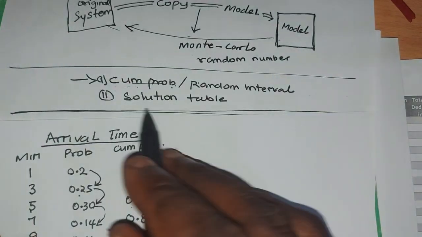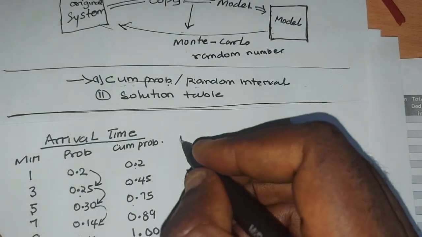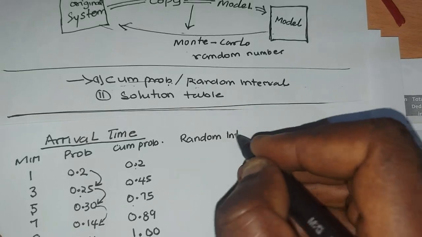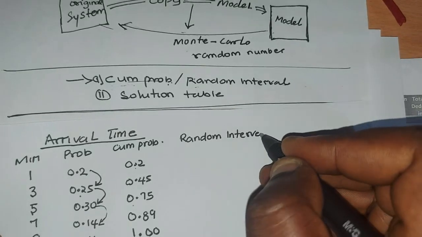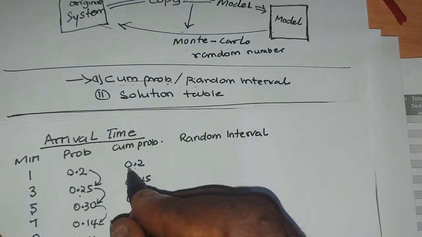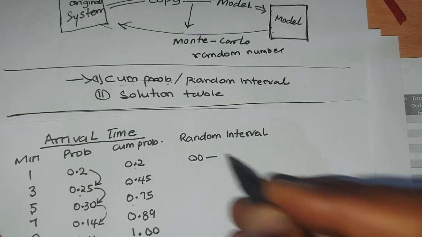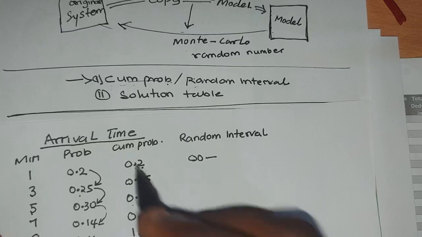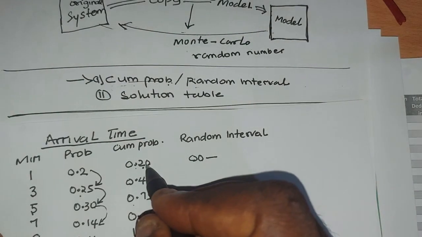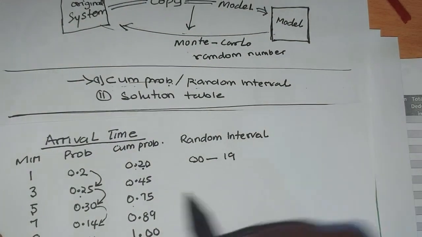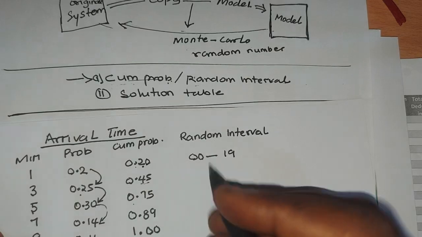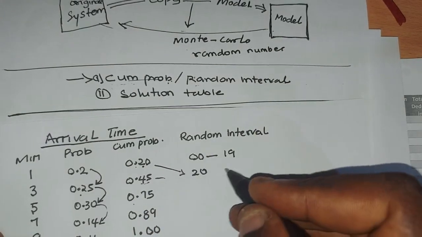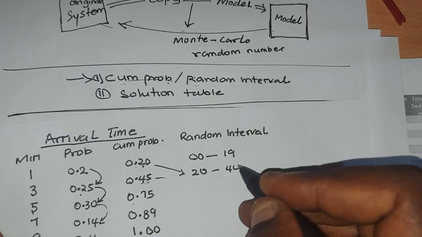Then the next thing is the random interval. Like I told you, you start from 0 to the number before 20, that is 19. Bring this 20 down, to the number before 45 is 44.